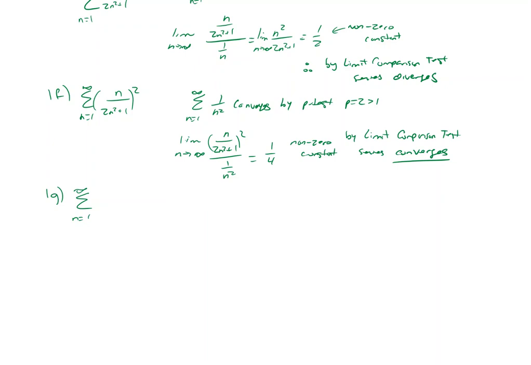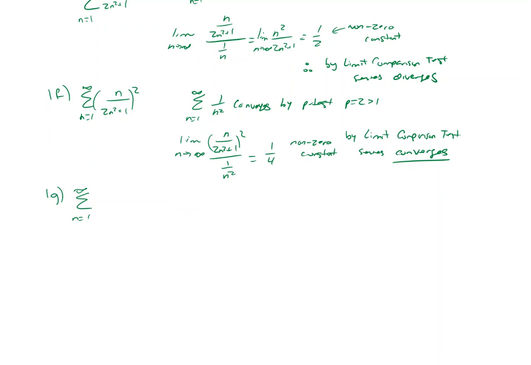Well, I look at this right away, and sine of 1 over n, as n gets really, really big, is approaching sine of 0. And sine of 0 is 0. So it's got a chance of converging. It doesn't diverge by the divergence test. It's not geometric. I don't know. What are we going to do? One thing I can start thinking about is, I wonder if I have some kind of ratio.